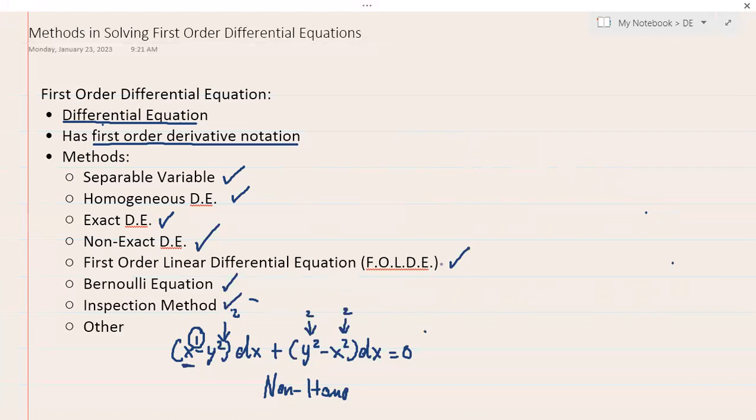Pero depende lang sa FOLDE. Okay, depende. Kasi pag FOLDE, itong si first order linear differential equation, dapat linear talaga ang iyong first order differential equation. Kasi kung hindi, baka gagamitin mo si Bernoulli.